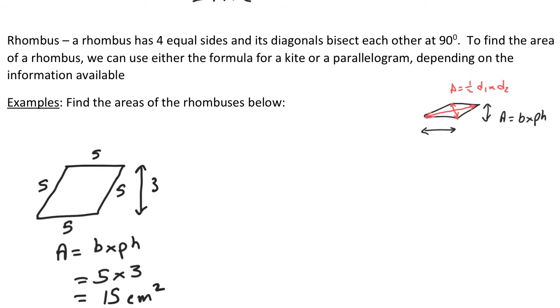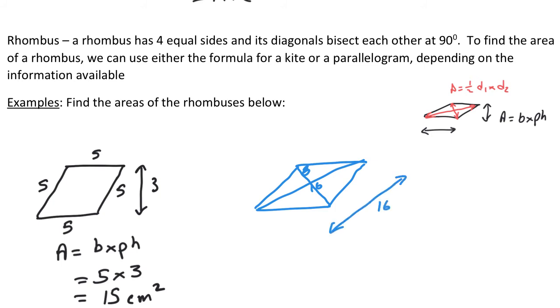The next example then, we'll look at the following rhombus. So the first diagonal was 16 and the other diagonal was 6.